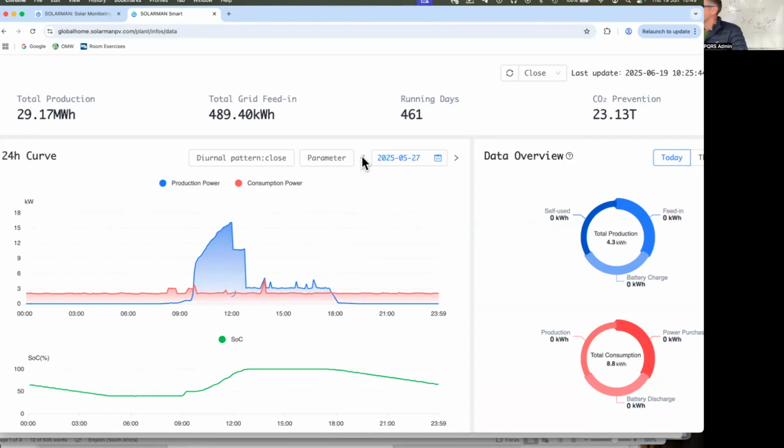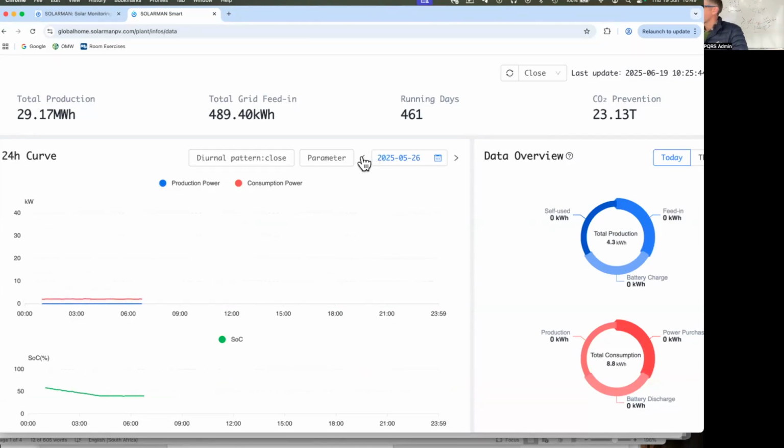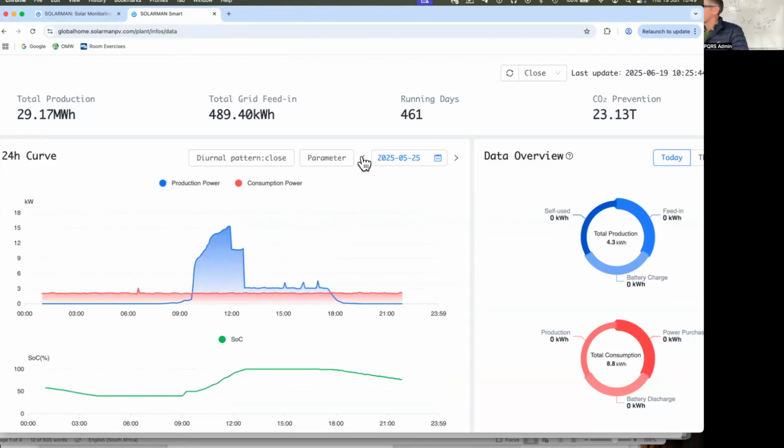So if we skip to a different day, let's just find one. There, the same thing. That line is consistent with that point over there. As soon as the system reaches 100% state of charge, the solar system cuts out.